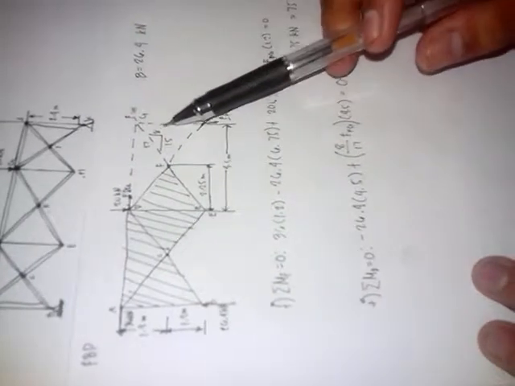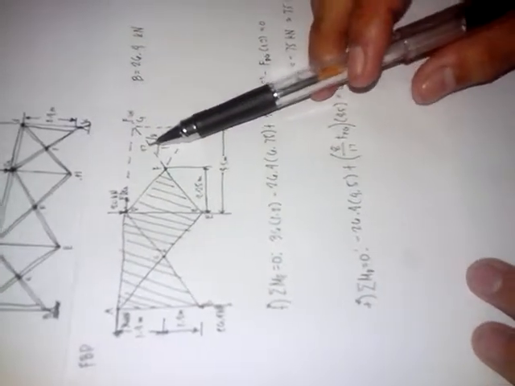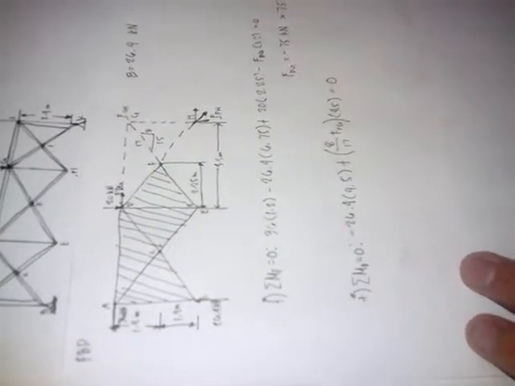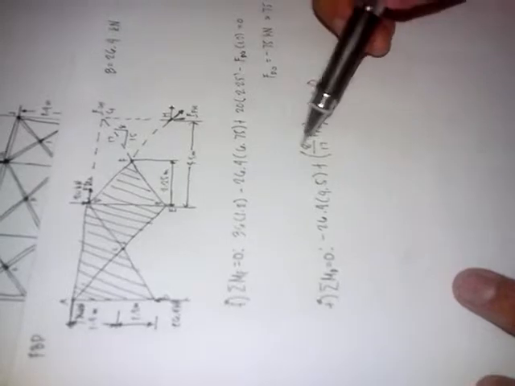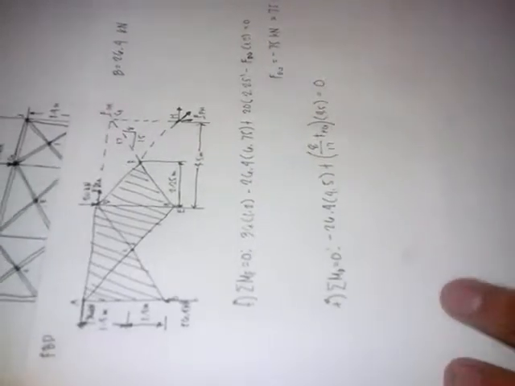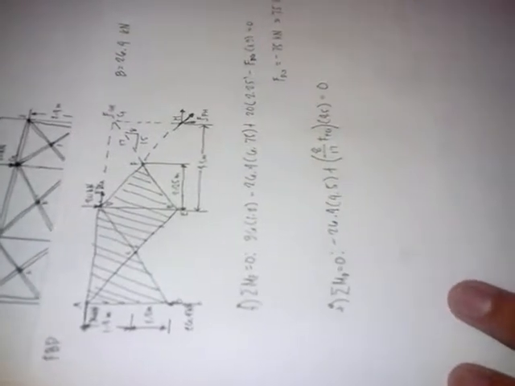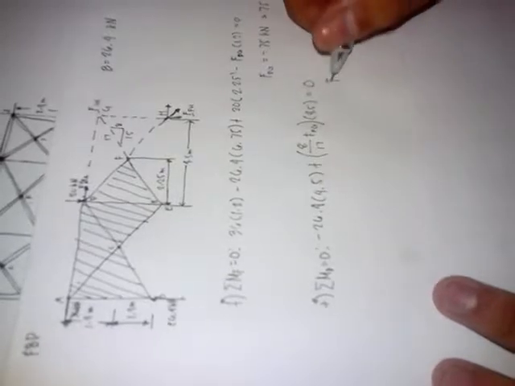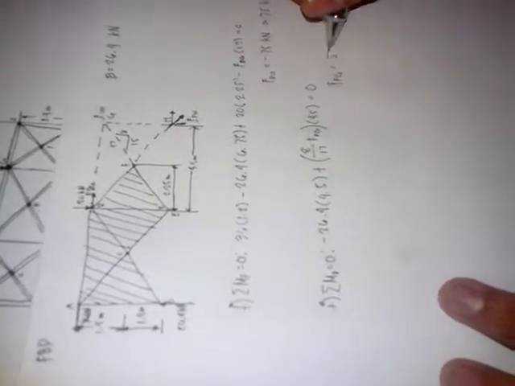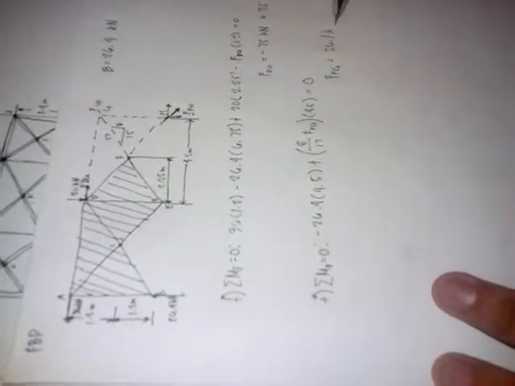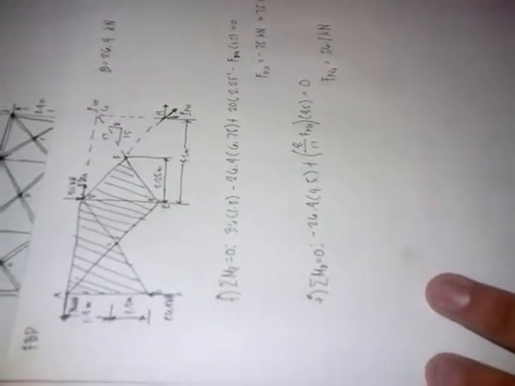We have solved the hypotenuse of this one, so it will be equal to 17. It is a trigonometric identity, so it can be found here. And then after doing the maths again, we have found out that the force of FG is equal to 56.1 kilonewton, which is in tension.